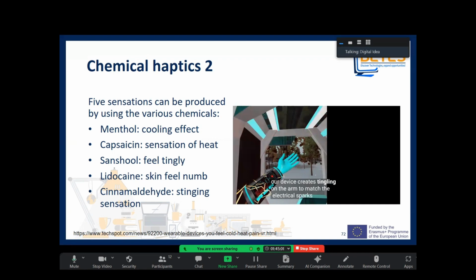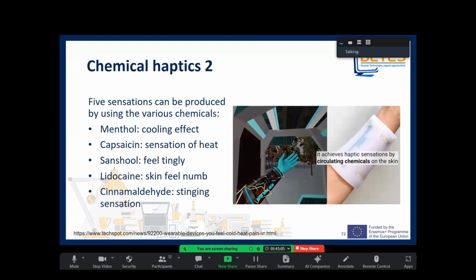So we have to feel tingly. The device circulates chemicals on the skin.